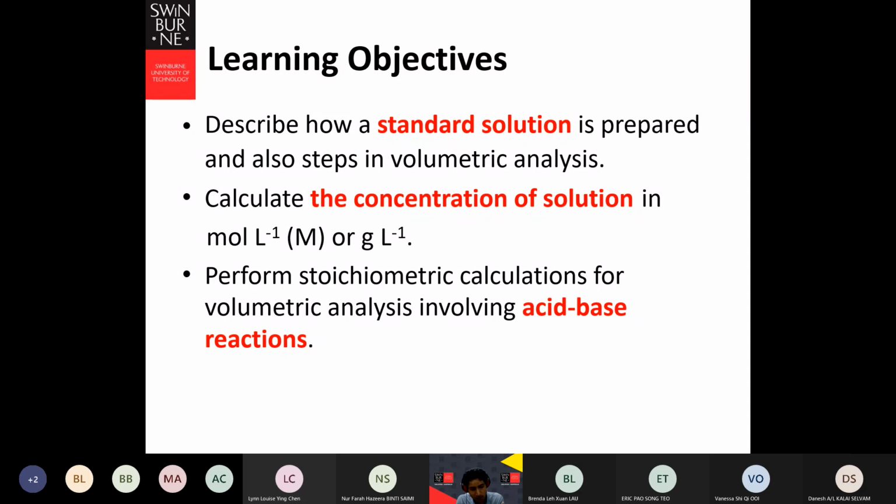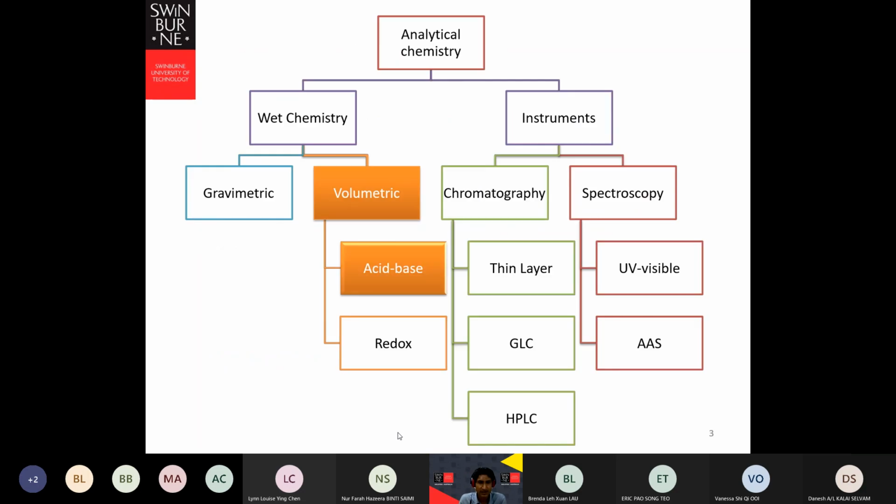Even if you know how to produce the standard solution, and how to calculate the number of moles or molarity, mole per liter, you are still not there until you know the stoichiometric ratio. That means what number of moles of A react with what number of moles of B, the different reactants, to produce a product. Unless we know that, we will not be able to do the analysis and find out the number of moles.